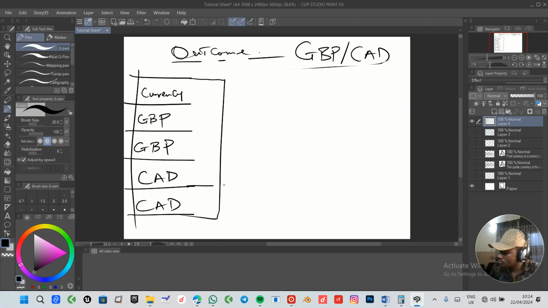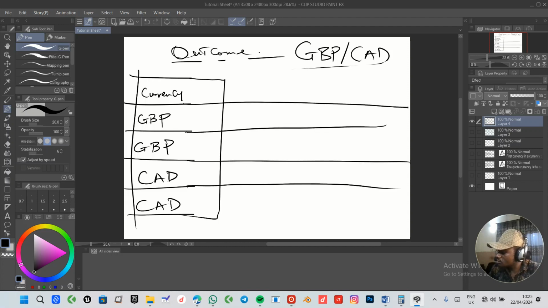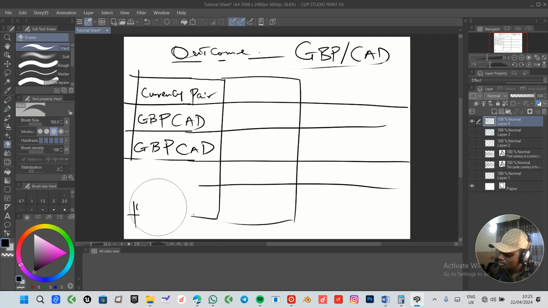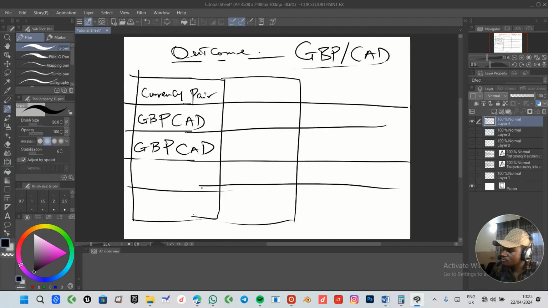So still the same table, but let's make it this way this time. Let's say here is currency pair, GBP CAD. Then here you're also going to write GBP CAD. I think this will be better to make it more comprehensive.